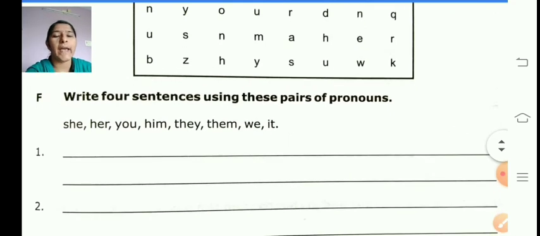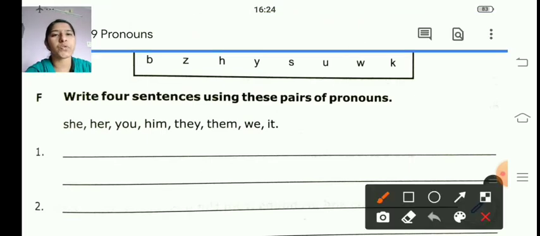Okay, F. Write 4 sentences using these pairs of pronouns. So you're going to use these pronouns and you're going to write the 4 sentences using that. Right, children? So here you can use this first one, she, right? So 4 pronouns you have.